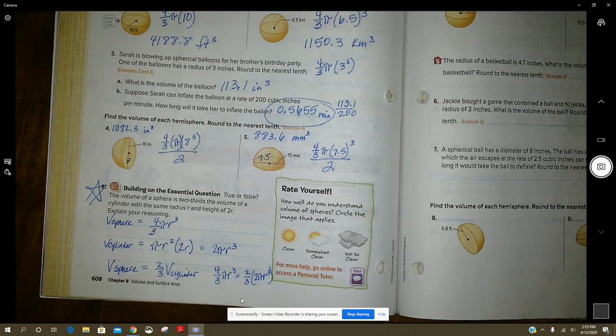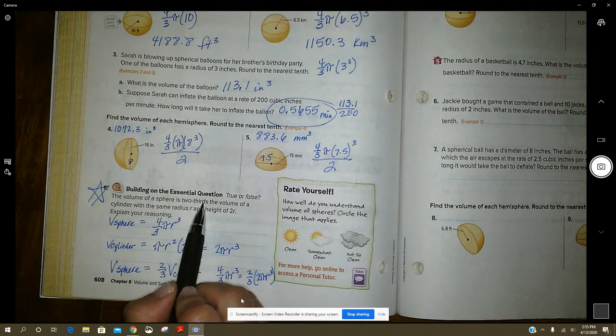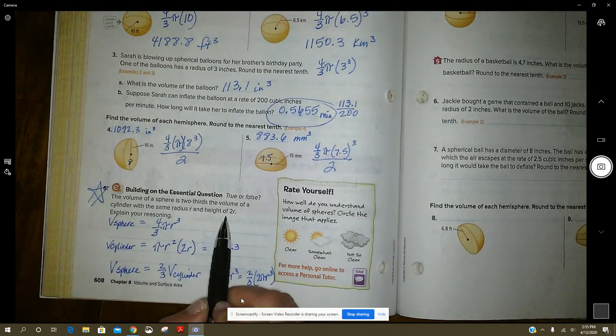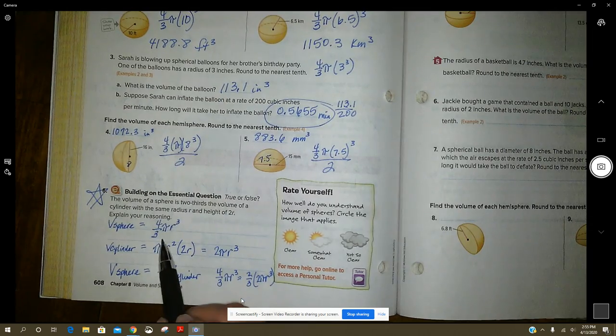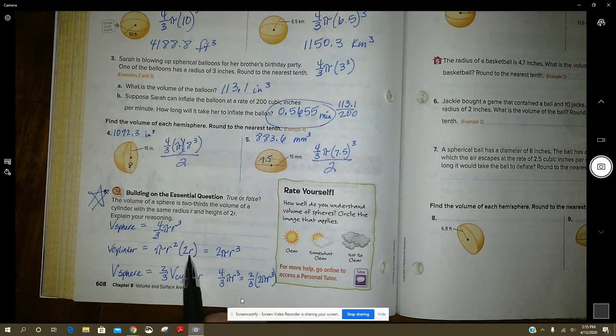Okay. Number 6, down at the bottom, this is a really good question for those of you that want to take it to the next level and do a little bit of algebra. The question said that the volume of a sphere is 2/3 the volume of a cylinder. They have the same radius, but the height is 2r. And so I put in the formula for the sphere. I put in the formula for the cylinder. Here's my pi r squared times h, knowing that my h is 2r.